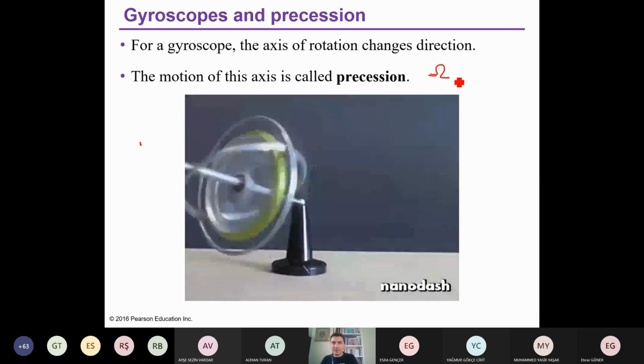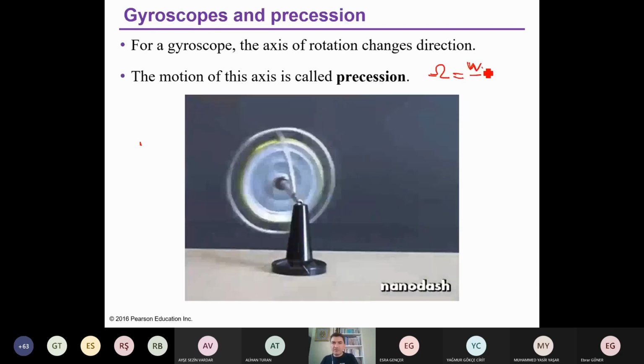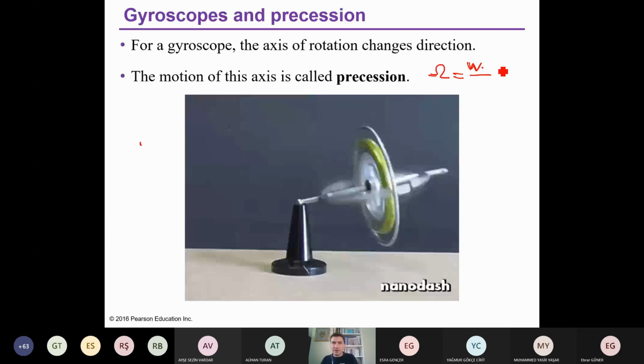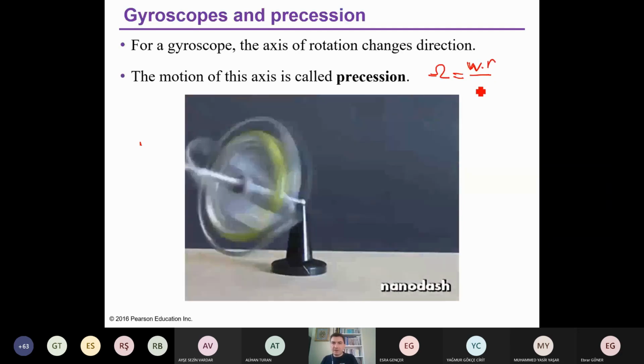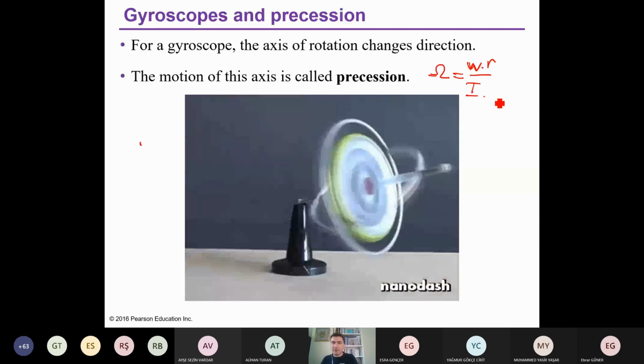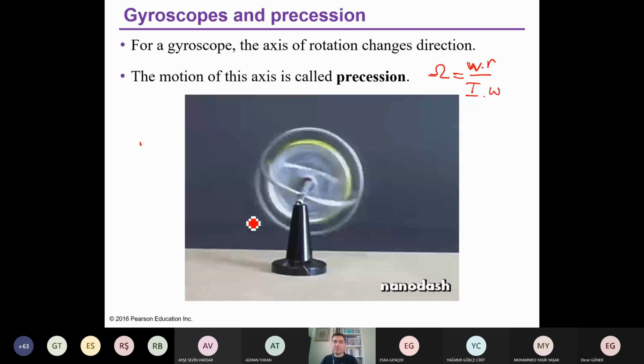Precession angular speed is given with weight of the flywheel times r, distance to the rotation axis, divided by I times omega. Omega is the angular speed of the flywheel, and this capital Omega is the precession angular speed around the pivot, okay?